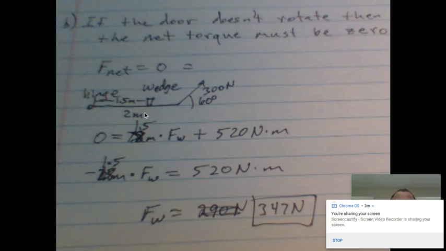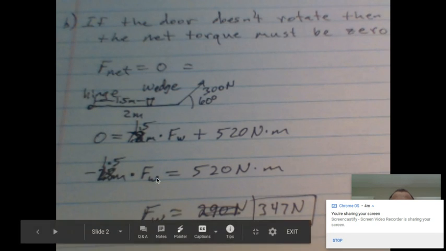So here I have my torque equation for the wedge, which would be 1.5 meters times the force of the wedge, and that's a negative 1.5. And so then when we add this to both sides, we get 1.5 times FW equals 520 newton meters.